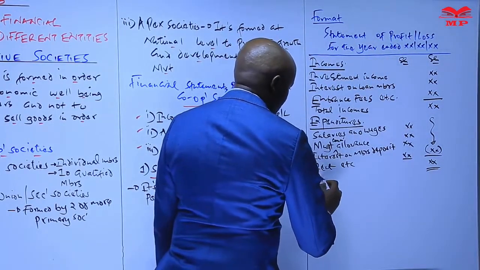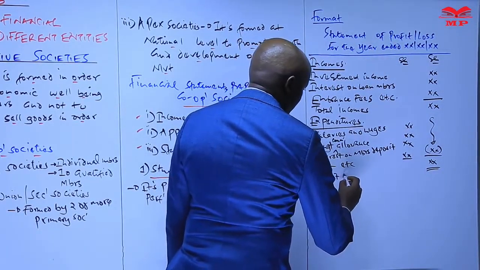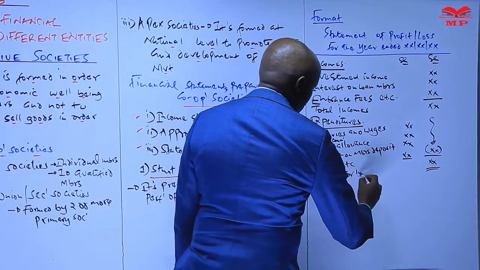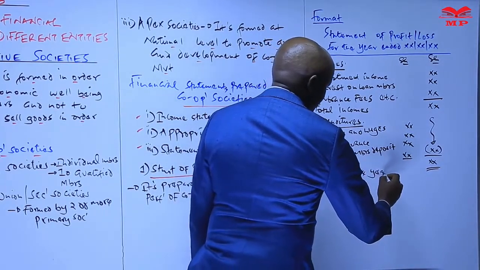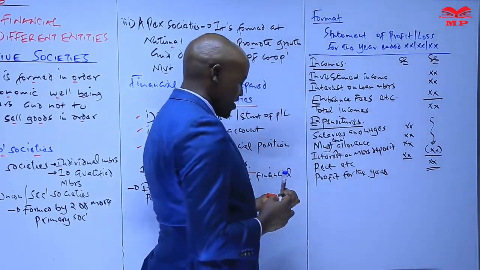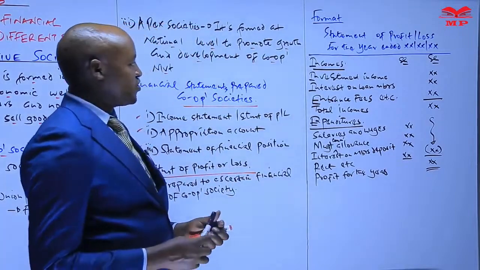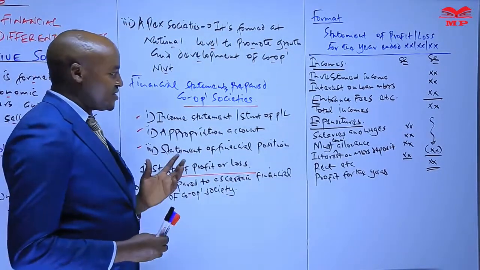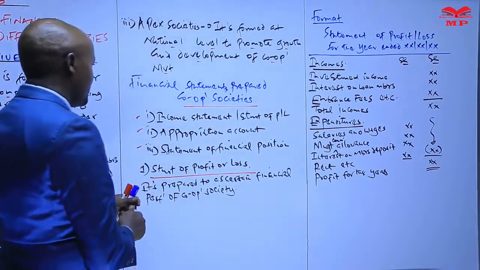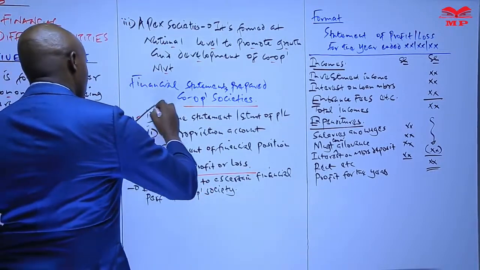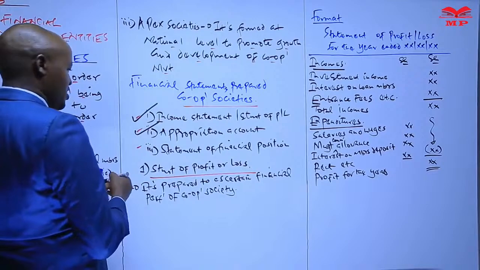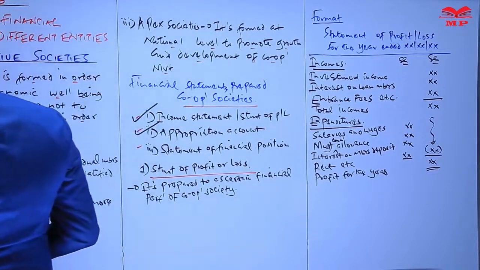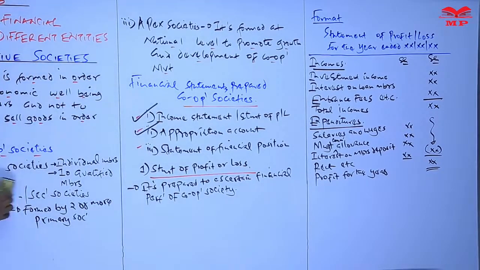So whatever you get here is now the profit for the year. So that's how a statement of profit or loss, or an income statement of a cooperative society, is prepared.